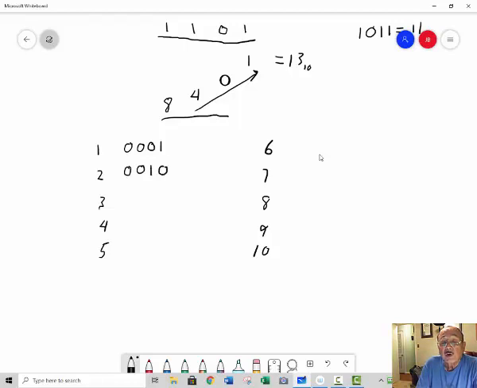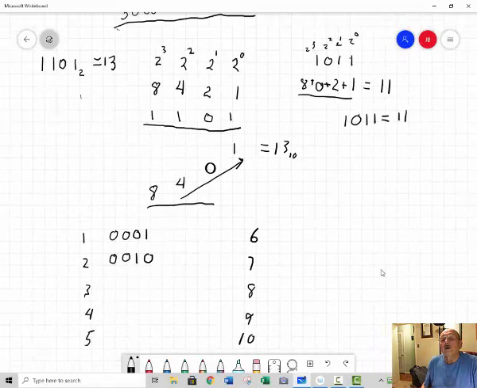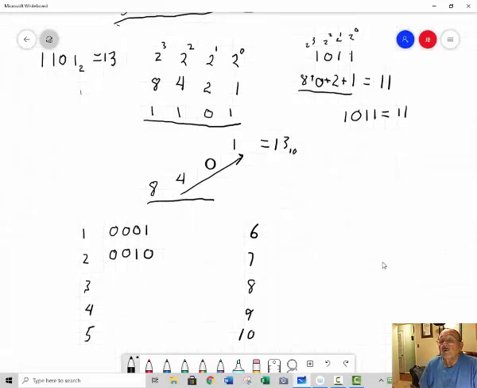This would be 0, 0, 1, 0, because I get no ones, but I get a 2 to the first power. And maybe I should move that down here and make sure that we understand that this is 2 to the third, this is 2 to the second, this is 2 to the first, and this is 2 to the 0. And again, 2 to the 0 is 1, so that 1 would be 2 to the 0, and I don't get anything else. 2 would be this place right here.